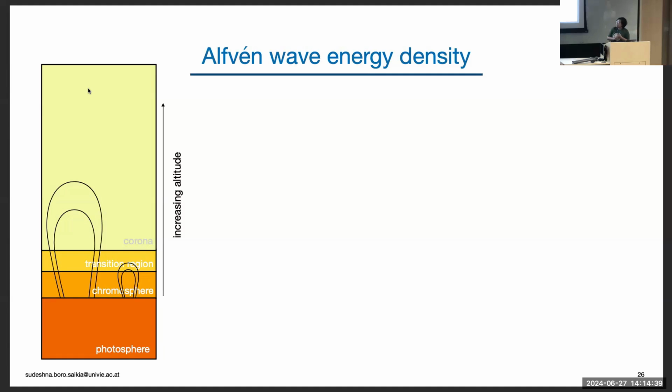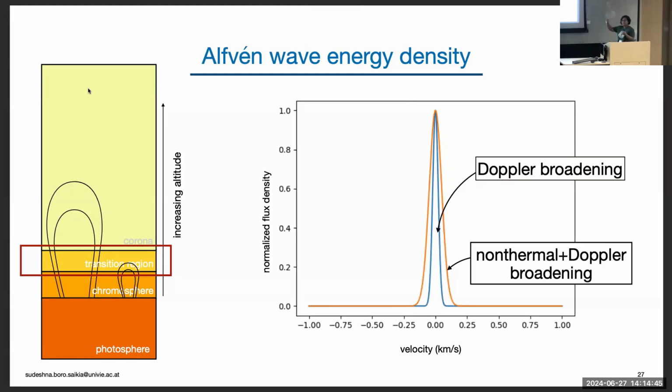Solar physicists have long known that when you look at the different layers of a stellar atmosphere, in this particular case the transition region, at spectral lines that form at such high temperatures, around 60 to 80,000 Kelvin up to 1,000,000 Kelvin, then in addition to the expected Doppler broadening and the instrumental broadening, you also see non-thermal broadening.